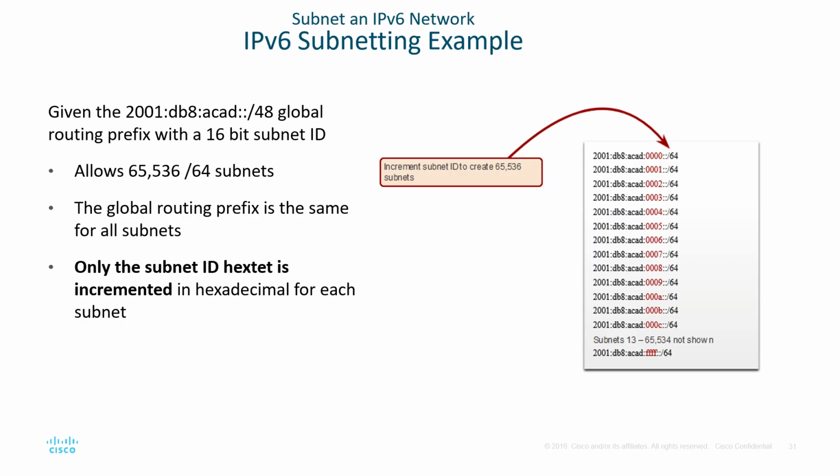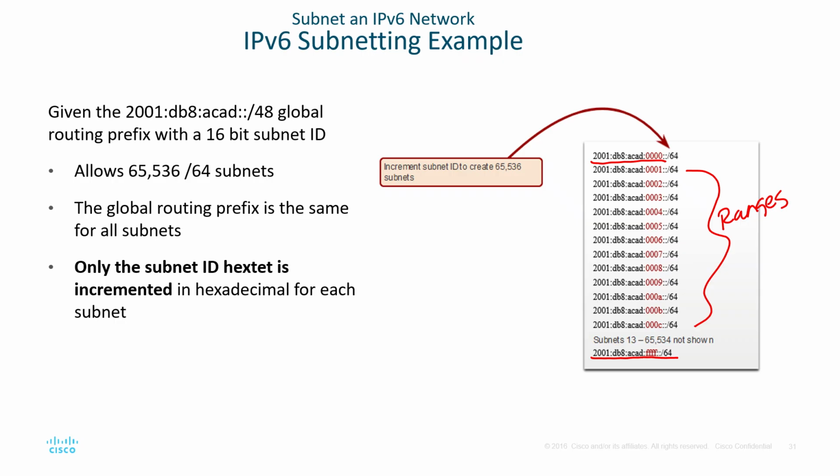Okay, starting with my all zeros, these all would be my ranges that I could use. And then my last network there. So the global routing prefix is the same for all your subnets.